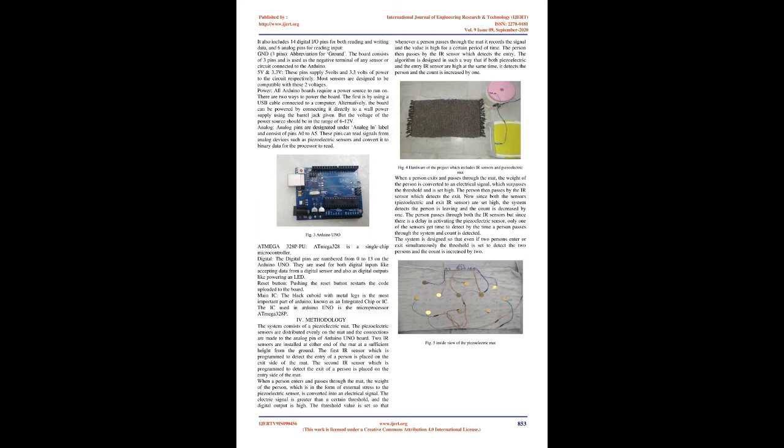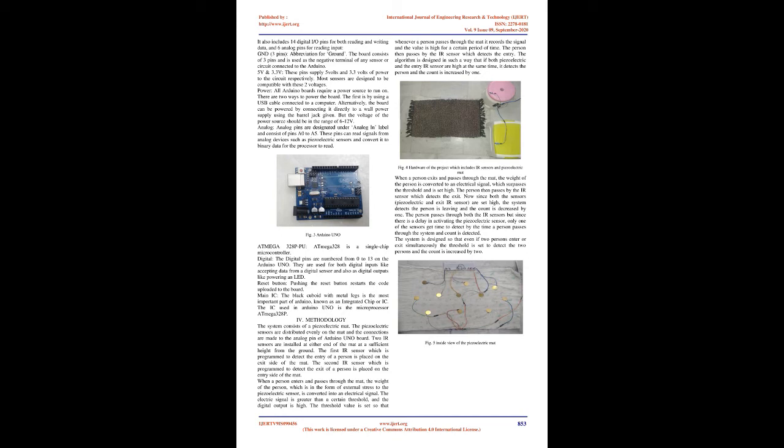IR light is invisible to us because the wavelength of IR radiation, 700 nanometers to 1 millimeter, is much longer than that of visible light. IR light has an emitting angle of approximately 20 to 60 degrees with a range of a few centimeters to several feet. The photodiode receiver acts as the IR receiver which detects the reflected IR light. A photodiode is an LED with black color coated on its outer side. The op-amp is used as a voltage comparator in the IR sensor. The variable resistor is used to calibrate the distance range at which the object should be detected.